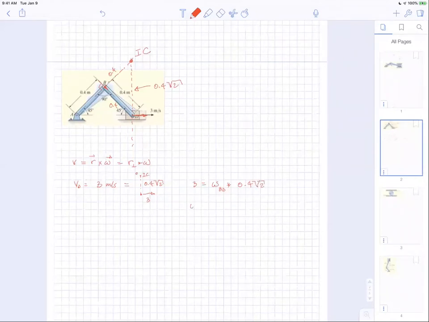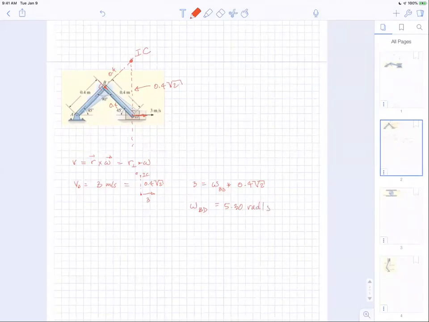So we can solve for omega BD. Let me get a calculator. We take 3 divided by 0.4 square root of 2, and I get 5.30 radians per second.